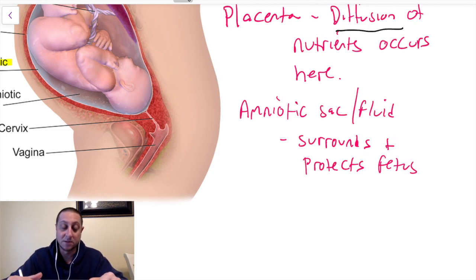That is going to be diffused in. Now, I know the Regents like to ask questions about this, and what they like to ask is, what is the reason that a mother can drink, let's say, a 12-ounce alcoholic beverage and no harm will come to her, yet a fetus getting that same amount, there would be harm done to it?